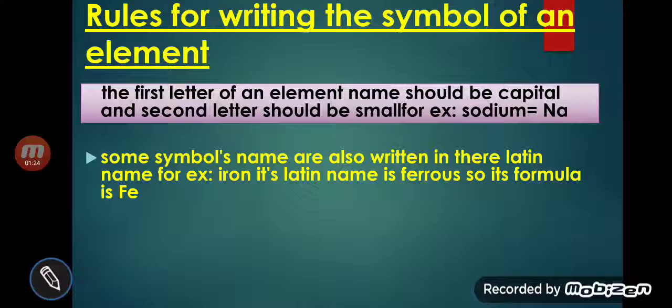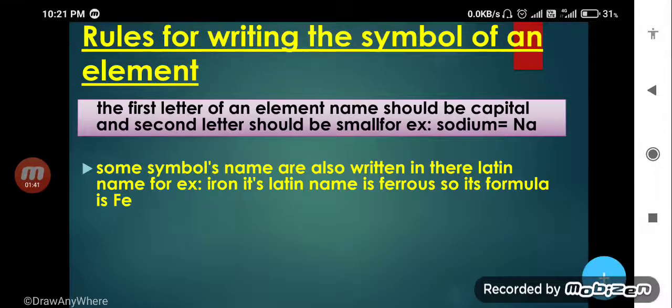Again, some symbols are taken from their Latin name. Example, iron. So, what is its symbol? You can see its symbol is Fe, but its name is iron. So, why are we writing Fe instead of Ir?